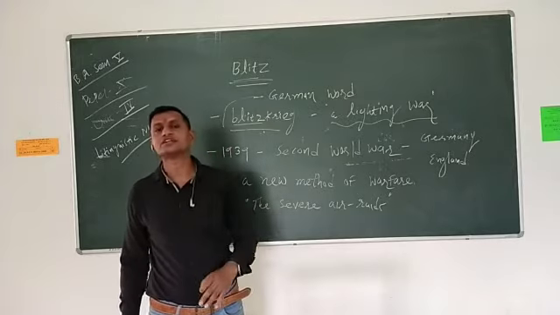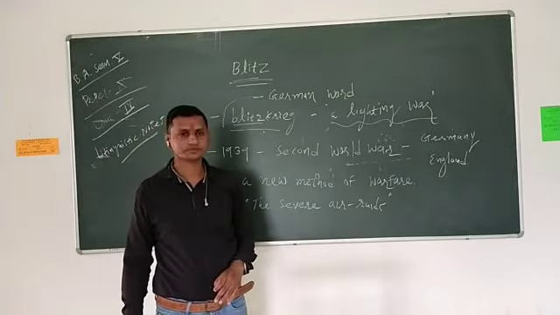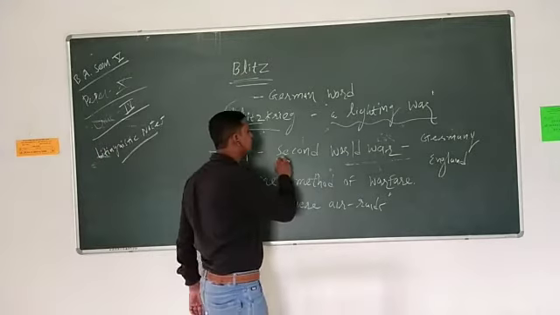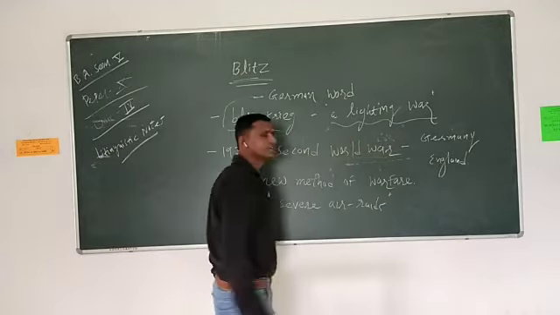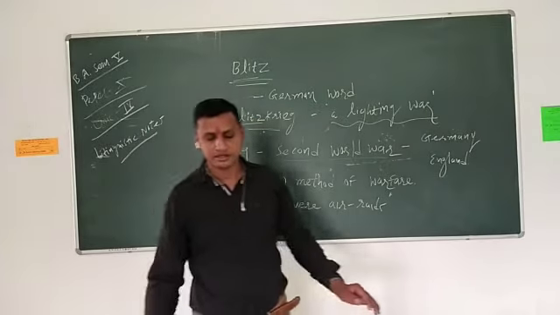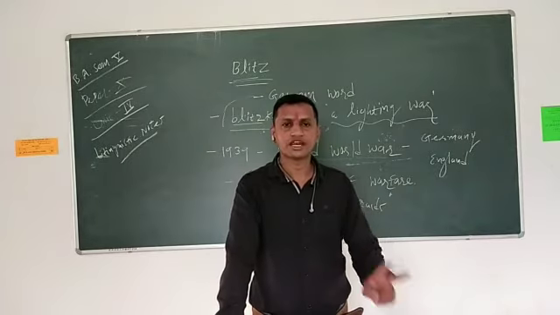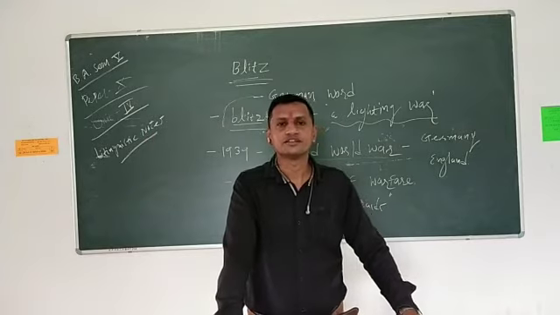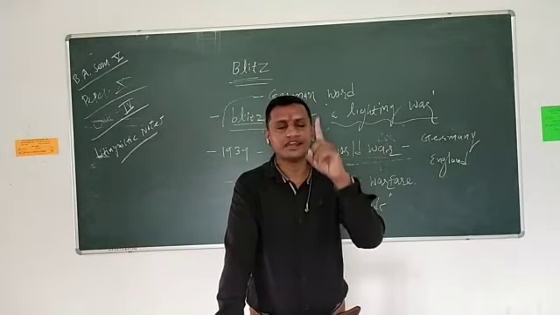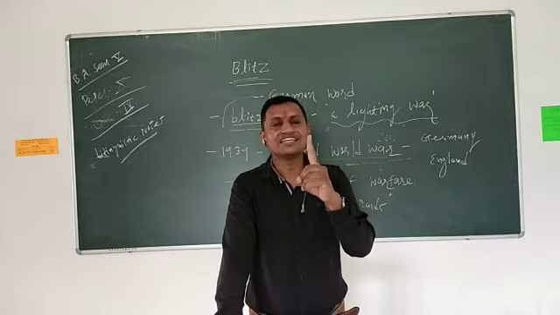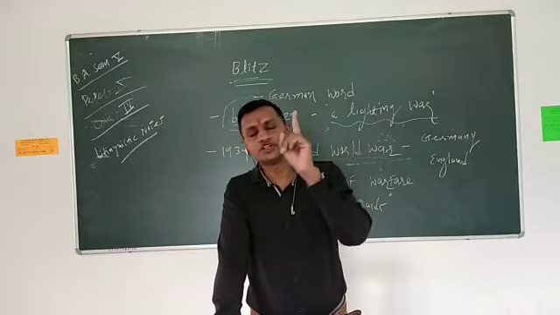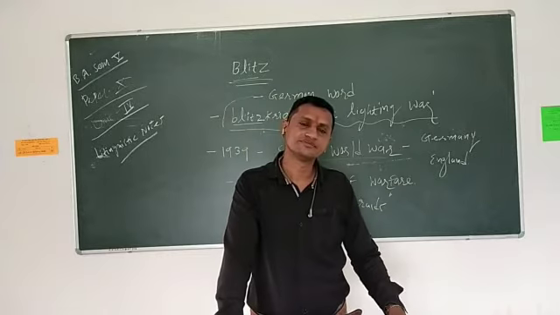We have to understand the context of the word. In the history of the world, there are two great wars. The first is the First World War, in 1914 to 1919.